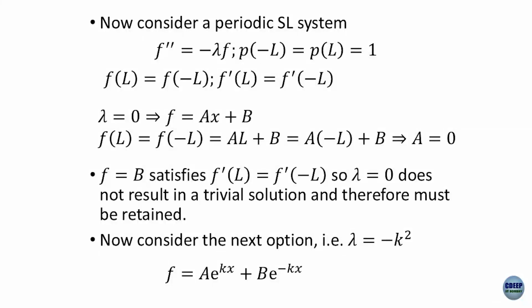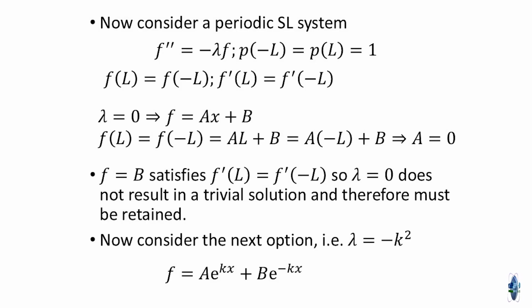And when we talk about a periodic Sturm-Liouville system, we're talking about P of minus L equal to P of L. Remember that P(x) y prime plus Q(x) y was equal to lambda y. So that P is going to be also periodic in some sense. P at minus L is equal to P at L. And in this particular case, it is equal to 1, so it hardly matters what is P at minus L, P at L.